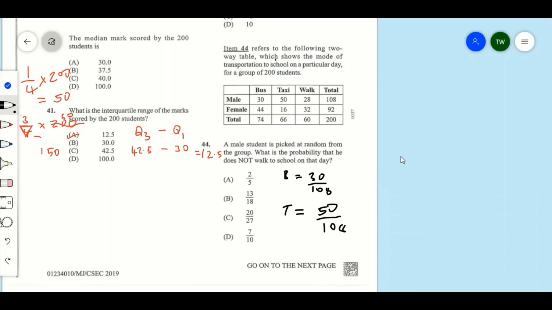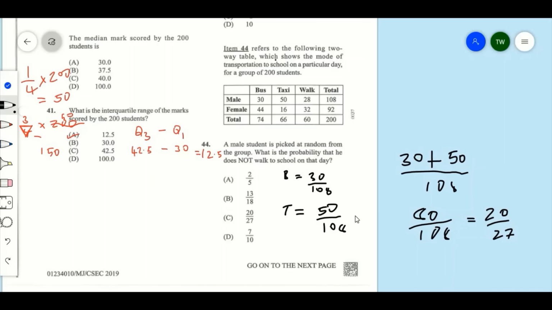So it's going to be 30 plus 50 all over 108, and 30 plus 50, that's going to give us 80 over 108, and 80 over 108, when you reduce this is just going to give you 20 out of 27.